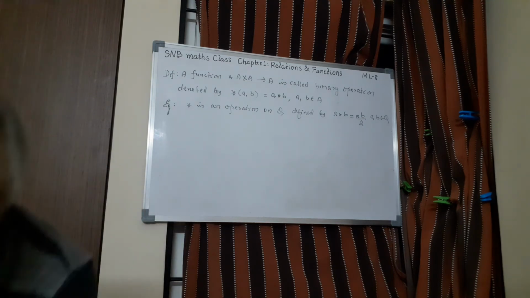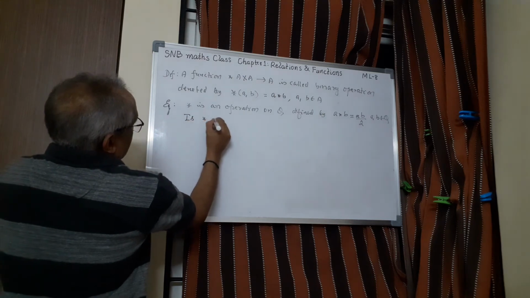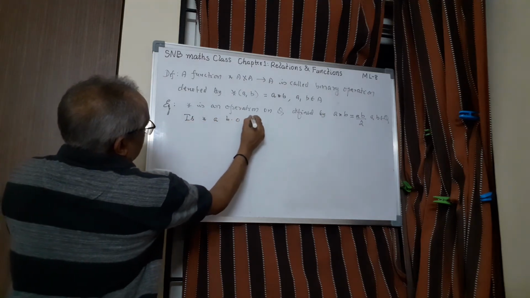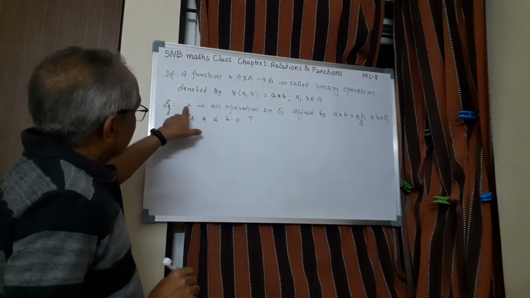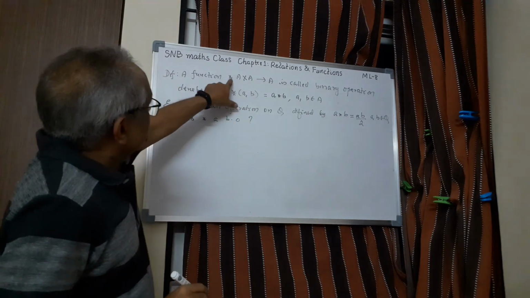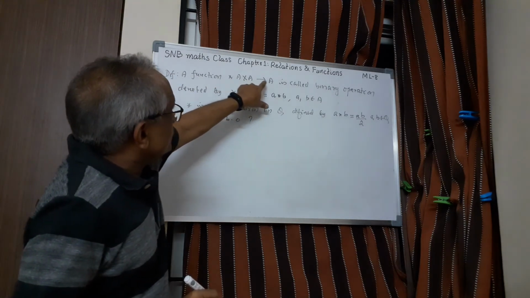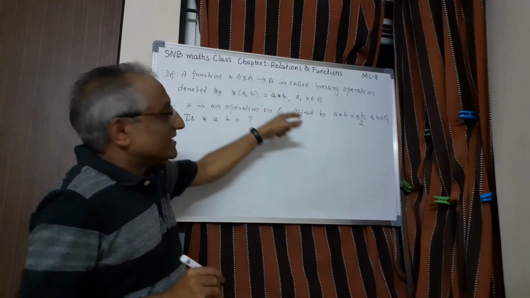So is star a binary operation? Let us check. Here you have to understand, the moment I write star is a binary operation on Q, it means the function is from Q cross Q to Q. If it is Q, then it is binary. Suppose here it is not Q, then it is not binary.